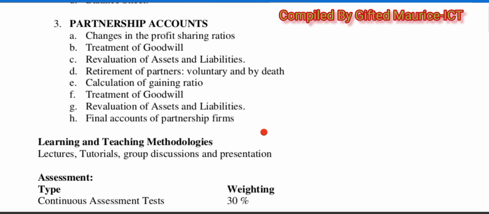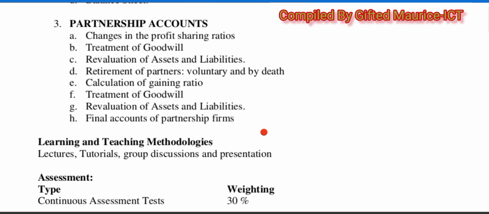The other account that we'll prepare is the balance sheet. So we'll also be able to prepare the balance sheet of the partnership, and what will then be the difference between the balance sheet of a partnership business and the balance sheet of a sole proprietorship kind of business.